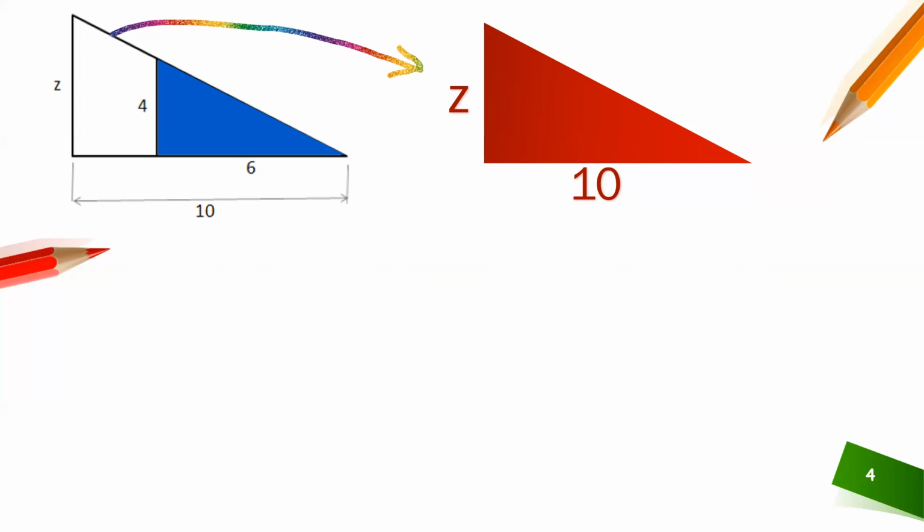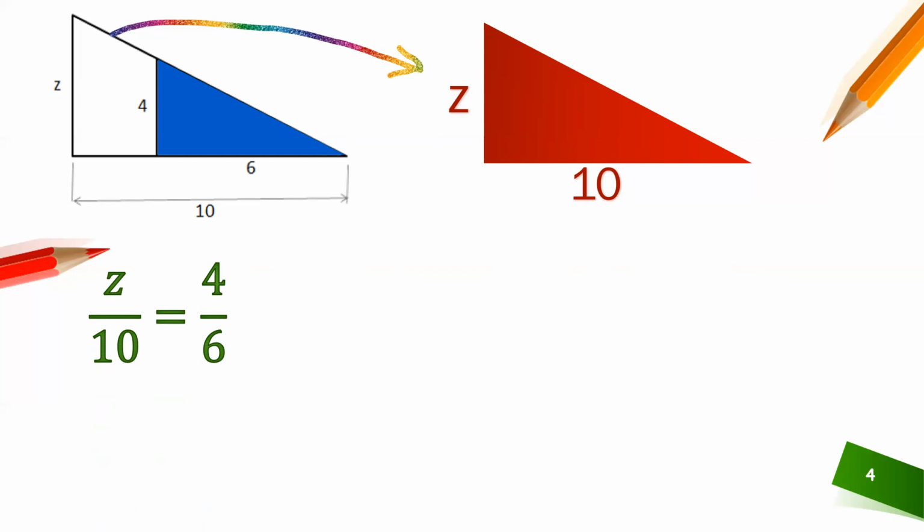If we wanted to solve for Z, we would write Z is to 10. So I'm going within the red triangle. Z is to 10. Now, if I was going over to the blue, that would be 4 is to 6. So remember, keep the sides corresponding to each other, meaning Z is corresponding to 4, right?